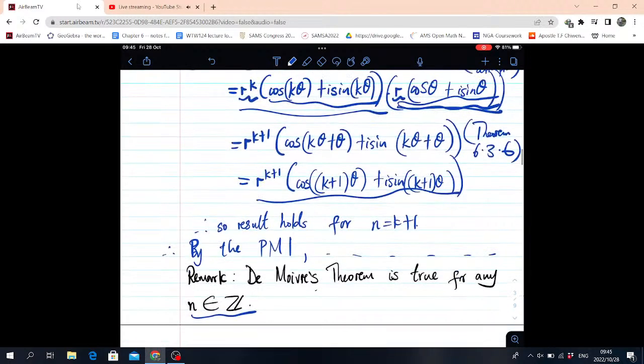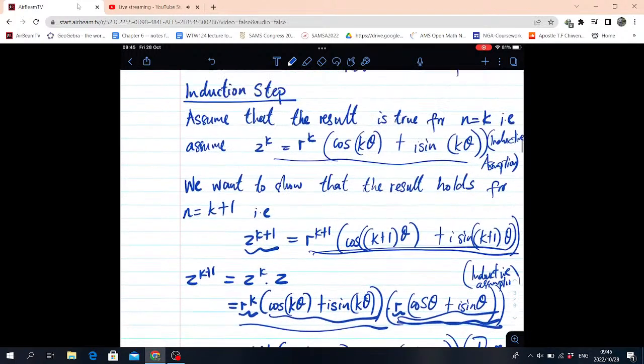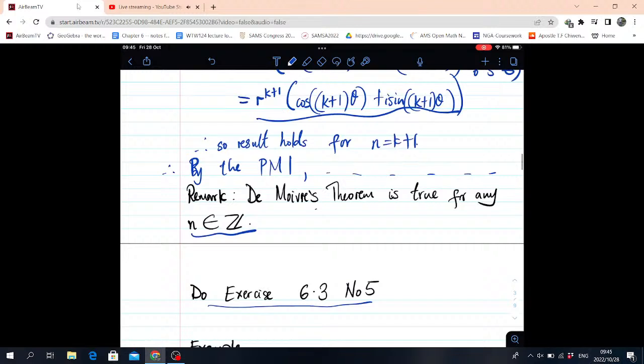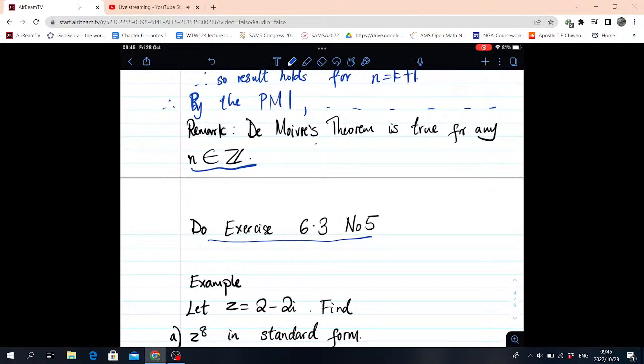But otherwise, it's still induction, or at least maybe not even induction. You just need what we have proved here for natural numbers, and then if you take the negative values, you should be able to connect to what we have done here and then get your answer. So we proved that it's true for positive integers, and then look at exercise 6.3 number 5 to do the rest of the solution.